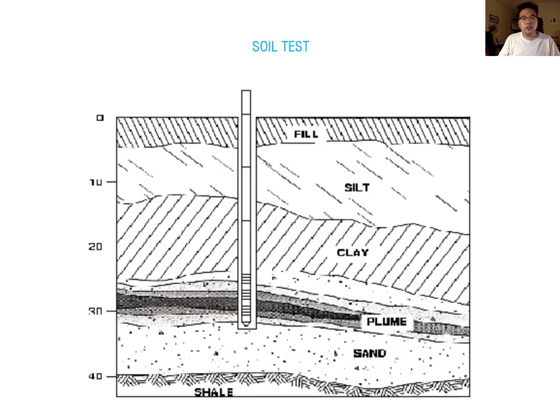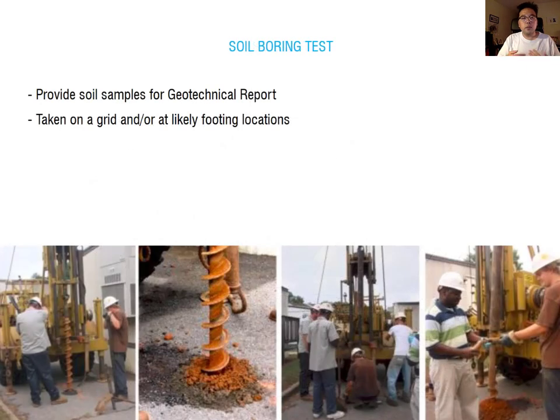Okay. So you can see the process here, the soil boring test. The soil boring test is performed by the geotech engineer by drilling a hole into the soil. After getting the sample from underground, engineers provide a soil sample for the geotech report. So you can see they just use the drill, drill the hole and get the sample.